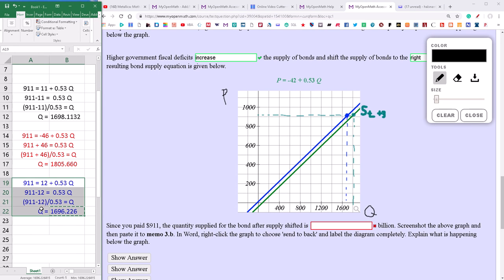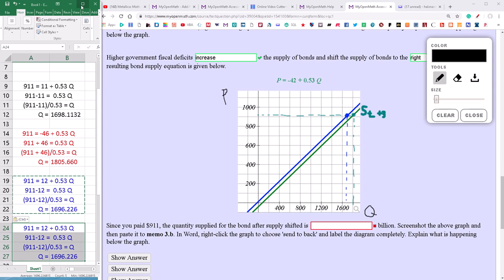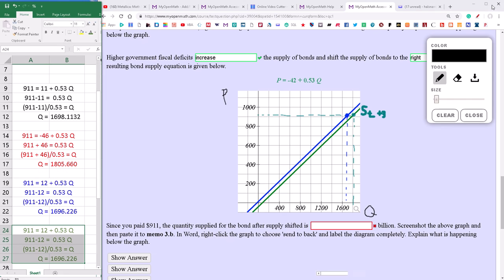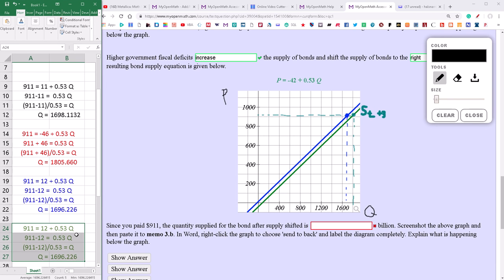To prevent any more embarrassment, I'm just going to copy this down here and then change the color to green. This is our new supply curve, and we have a negative 42 there. So I'm going to change this 12 to negative 42. Then we have to add it to both sides, so this becomes plus 42.